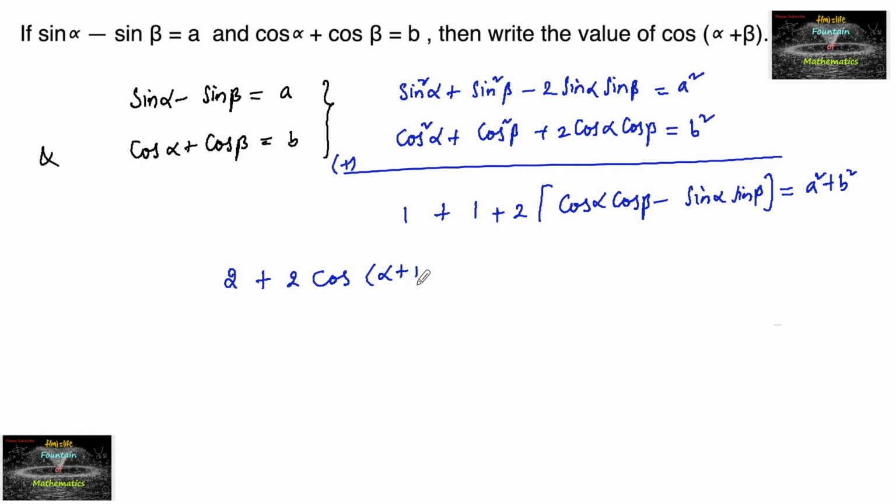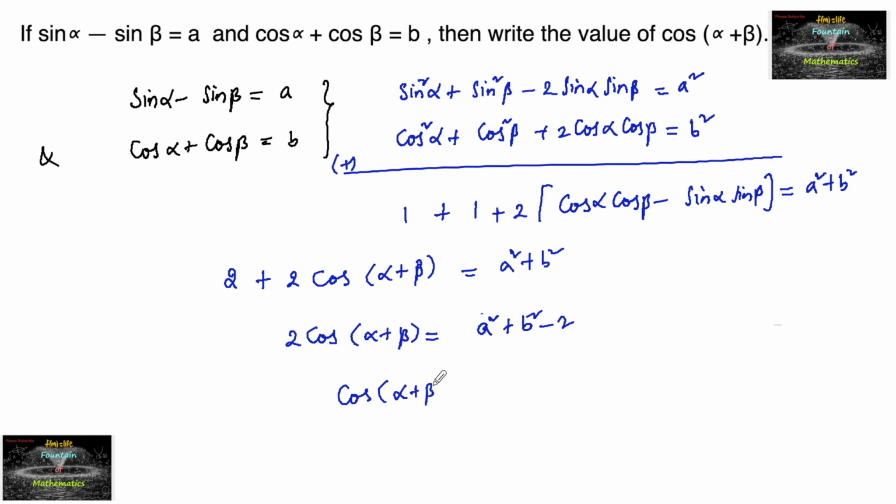So we can write 2 cos of alpha plus beta is equal to a square plus b square minus 2, or cos of alpha plus beta is equal to a square plus b square minus 2 upon 2. Hence we can conclude that the value of cos of alpha plus beta is a square plus b square minus 2 upon 2. Okay, thank you.